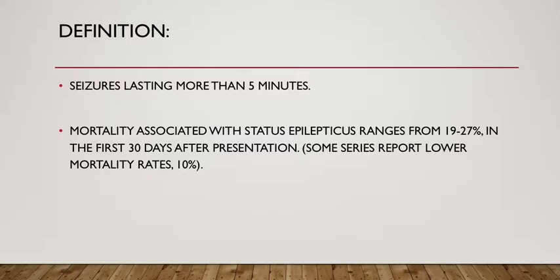You might see some alternative definitions that also say that a patient that is seizing for more than 30 minutes but has some periods free of seizing but does not return to their basal state, this is also status epilepticus. But the most accepted definition is this one that I put here, which is seizures lasting more than 5 minutes.